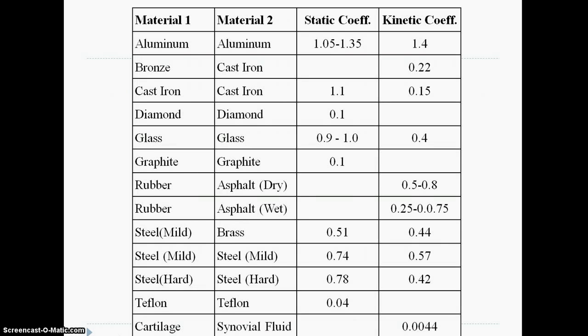Here is a quick chart with various examples of the coefficient of friction for both static and kinetic friction. I just found this online. There are a million different examples you can find, and this one doesn't even have a value for every single instance. You are never expected to know these numbers. They're either given to you in a problem or you'll be solving for them.